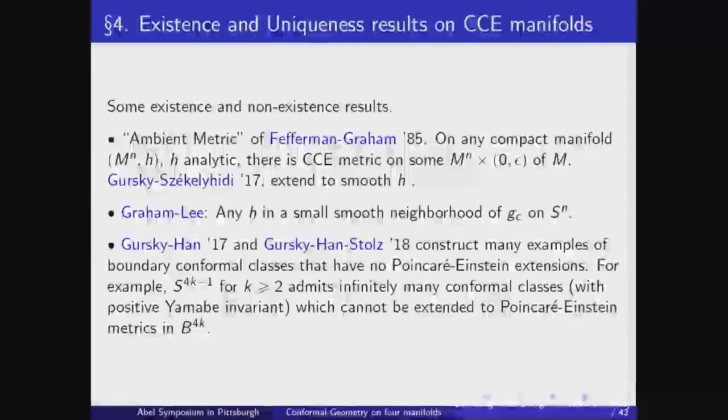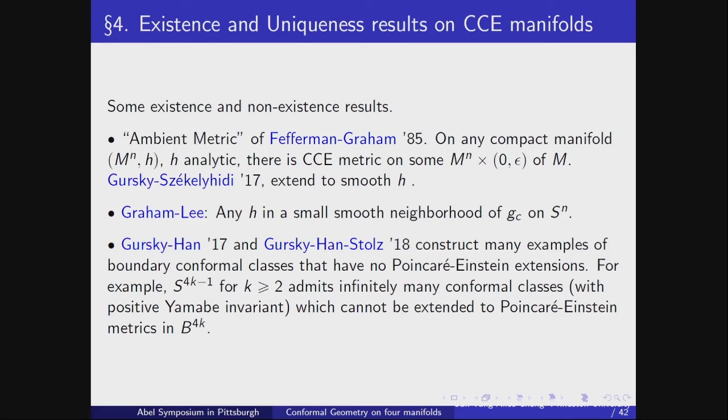Now there is also a non-existence result. In a very recent work by Gursky, Han, and Stolz, they construct many examples such that the (4k minus 1)-sphere, where k must be greater than or equal to 2, say for example the 7-sphere, does not allow a B^8 filling-in.